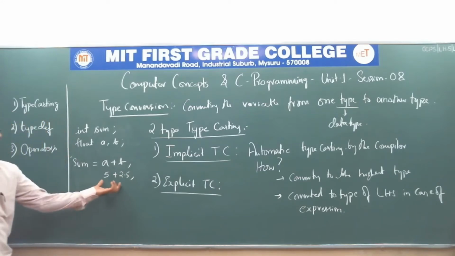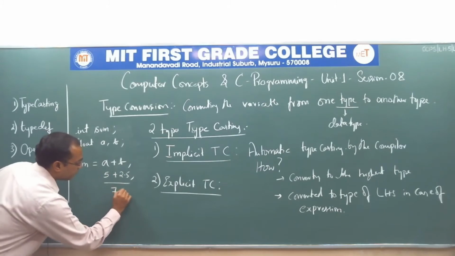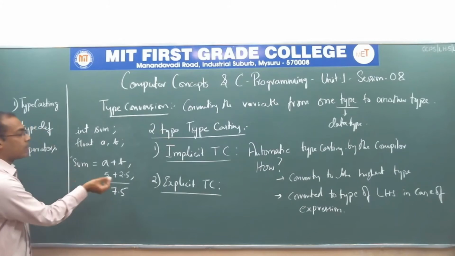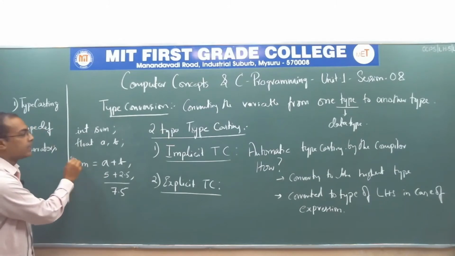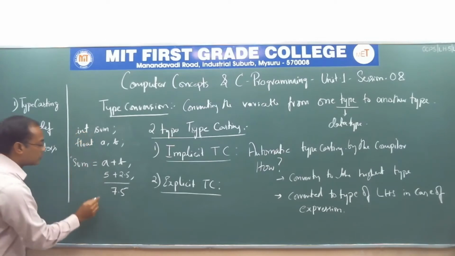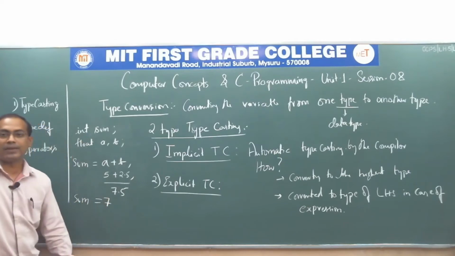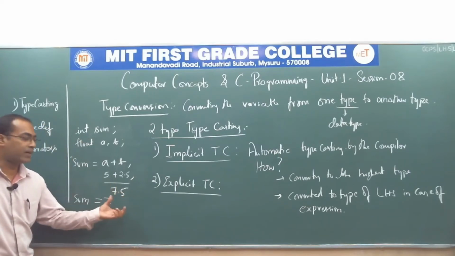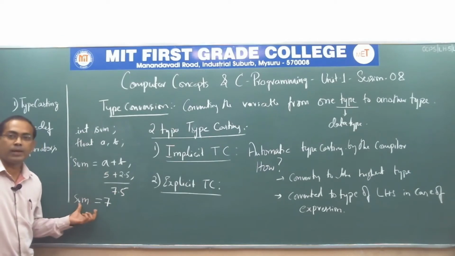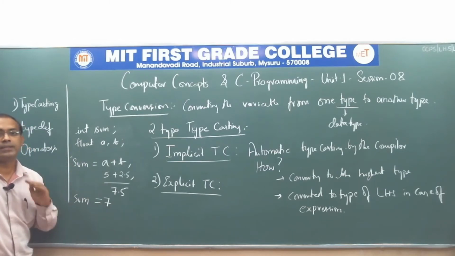What should be the result of this expression when you see it? The result of this expression is 7.5. But what the rule says? The rule says that preference will be given for the LHS type. So the LHS is of type integer. So the output, the sum value will be having only 7. It will not take the 0.5 because of the conversion rules. So I hope you have understood the example of implicit typecasting.